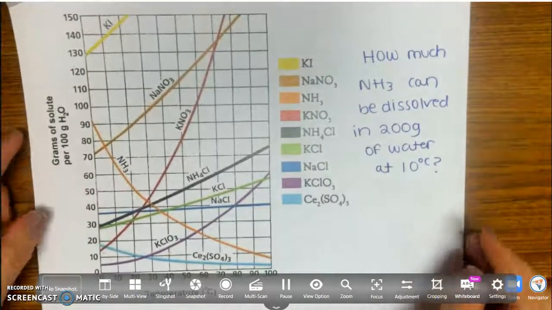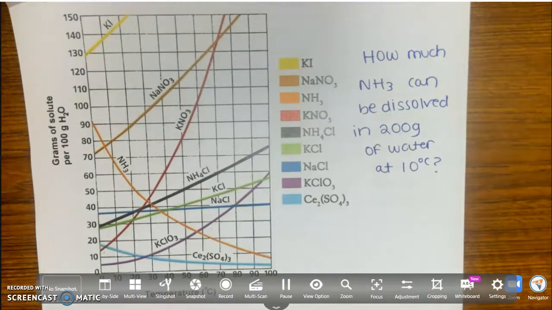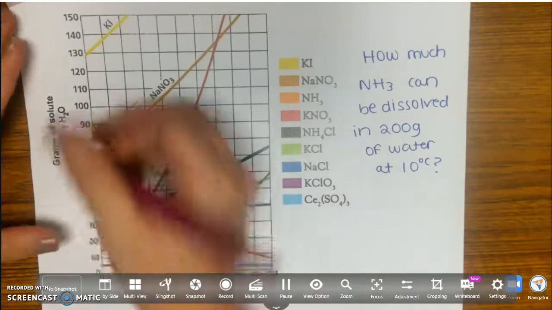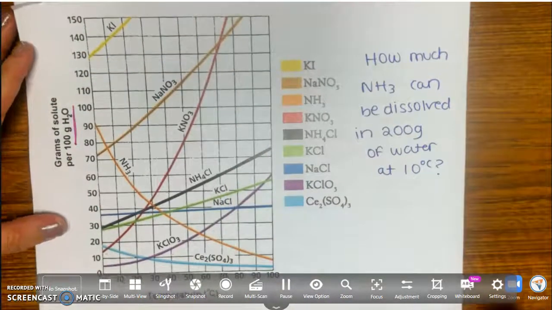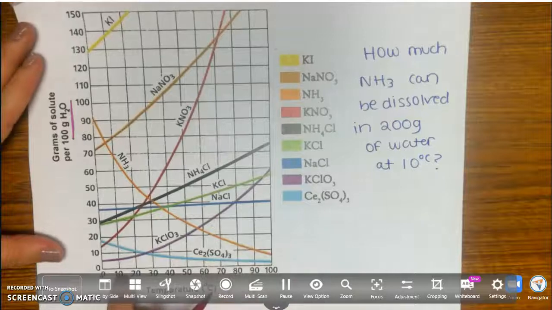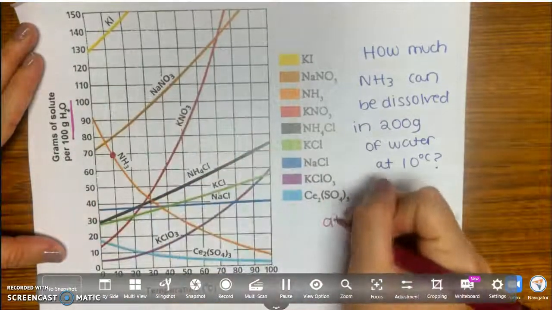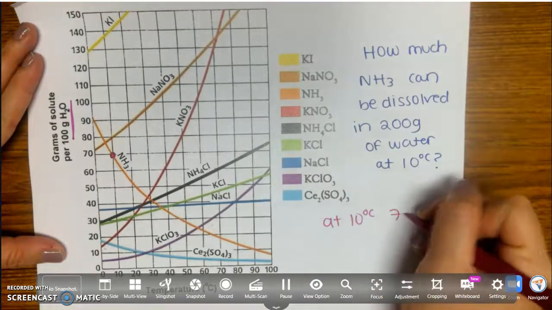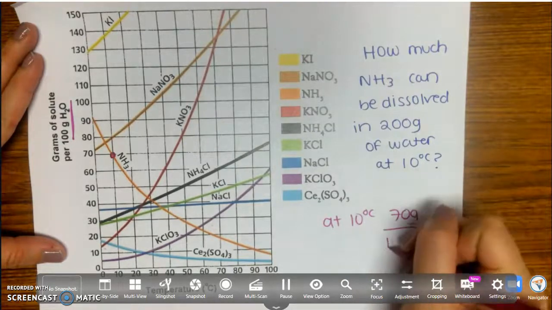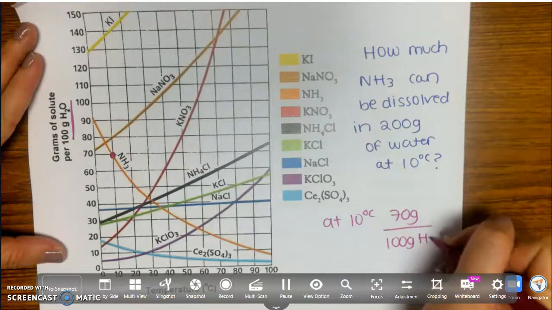But what if you don't have 100 grams of water? What if I had 200 grams of water, like this problem shows? So how much NH3 can be dissolved in 200 grams of water at 10 degrees Celsius? Well, let's look at our graph. Our graph is for 100 grams of water. So right at 10 degrees, I can have 70 grams dissolved in 100 grams of water.